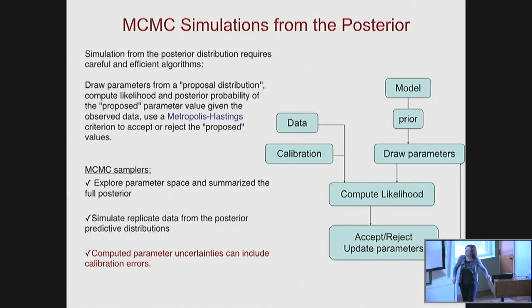I'm not going to talk about all the algorithms out there, but depending on the criteria, you have the definition of the Metropolis-Hastings criteria, which looks at your probability or likelihoods and accepts or rejects the current parameter based on the likelihoods. So depending on this, you can have different types of algorithms.